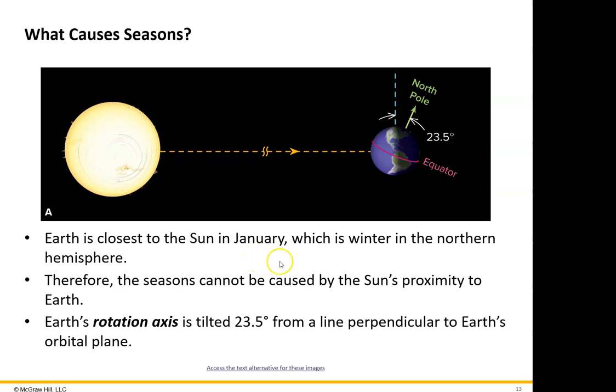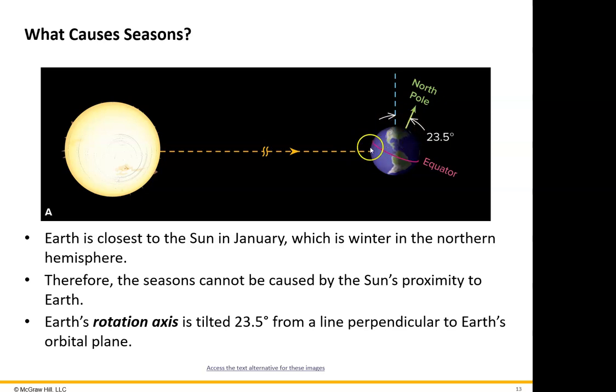When the northern hemisphere is tilted away from the sun, that would be wintertime in the northern hemisphere, like in North America and Europe, and most of Eurasia actually.